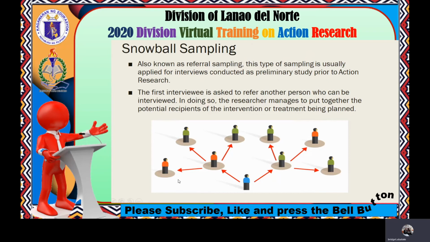For example, if we want to study the causes or reasons of drug addiction among the students here in Llano del Norte, we cannot directly pinpoint that that student is a drug addict, diba? So we need to have first one student.